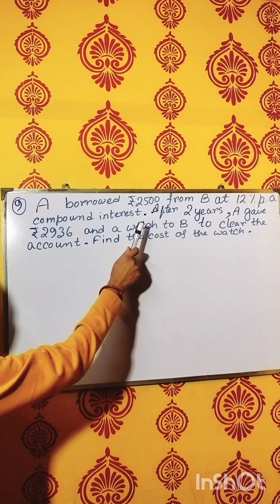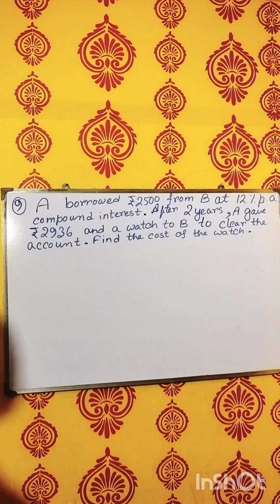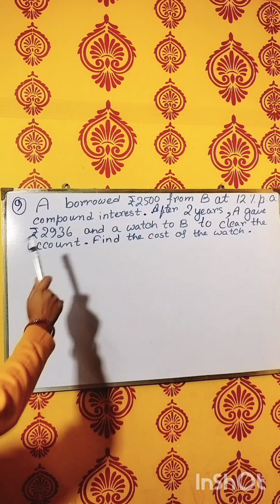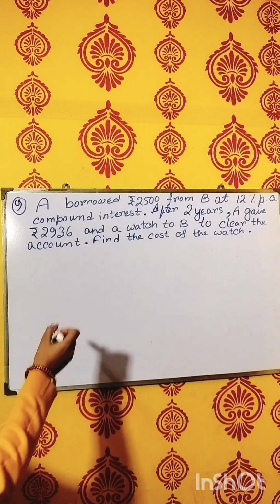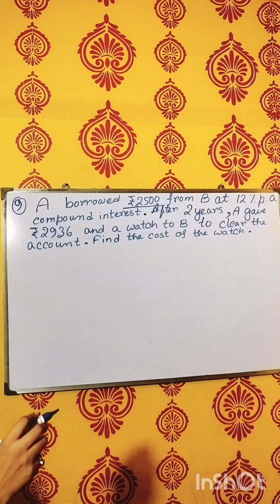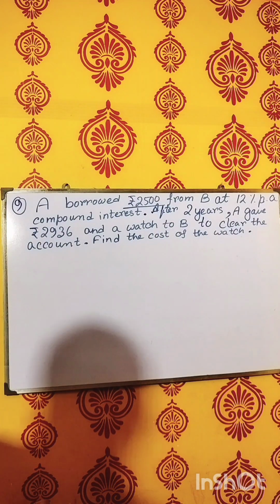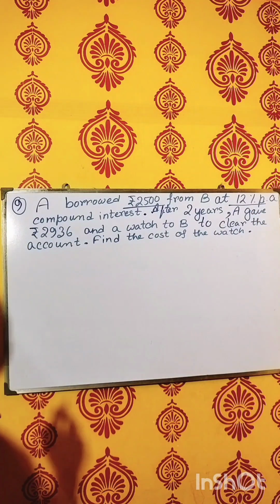A borrowed rupees 2,500 from B at 12 percent per annum compound interest. That means here we have seen that 2,500 rupees is the principal. Okay. And the rate of interest is 12 percent per annum.